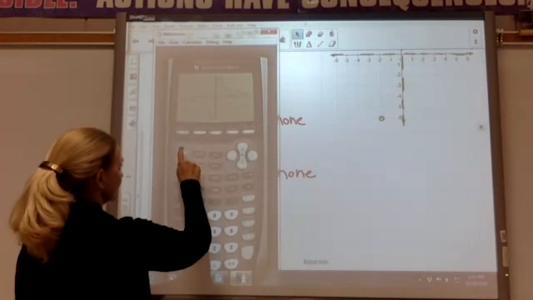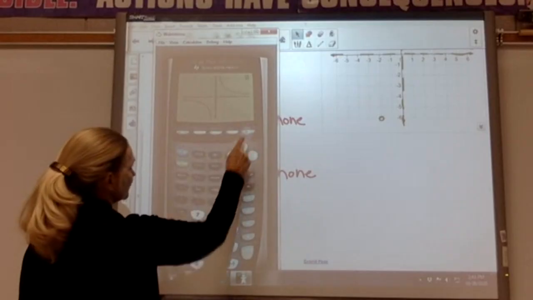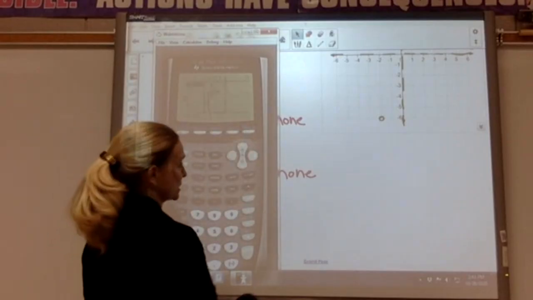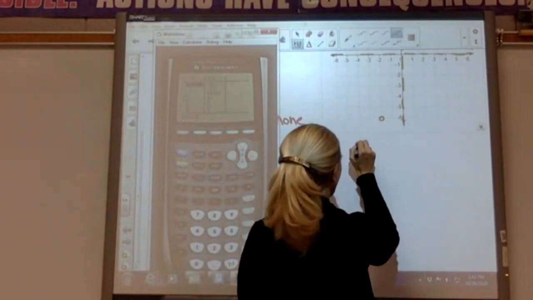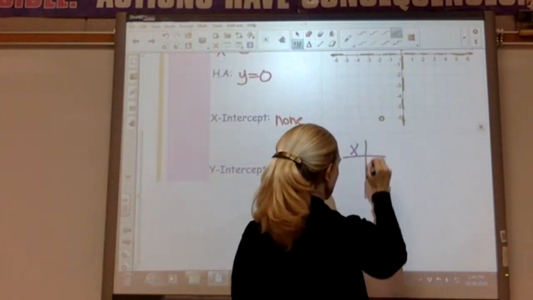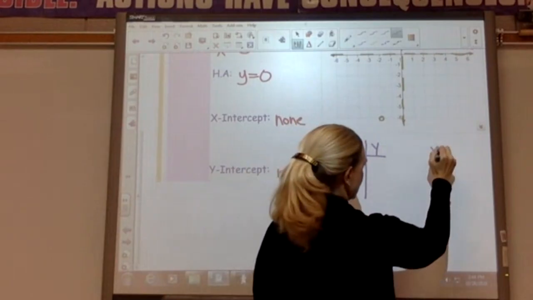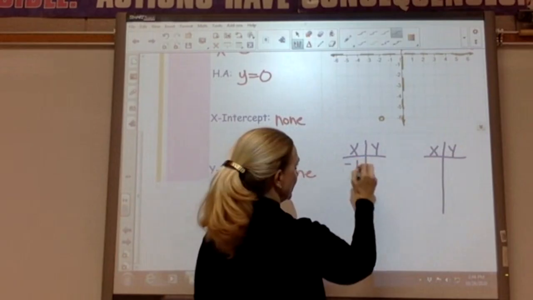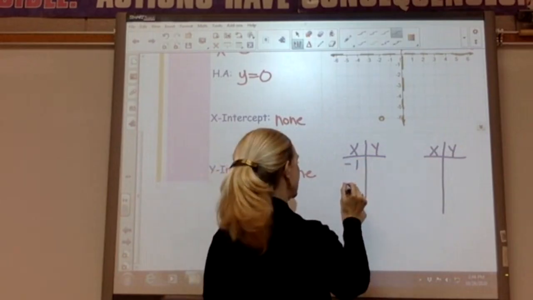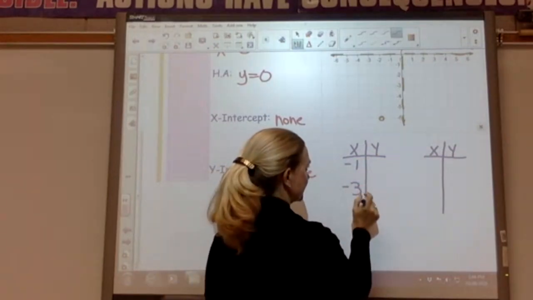And now I go to second graph to get my XY chart. Since my asymptote is at 0, I'm going to pick some numbers on the left and numbers on the right side of 0. So let's do -1. I don't have to do -2, and I can do -3.